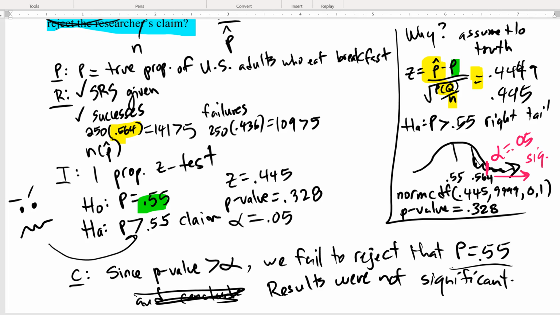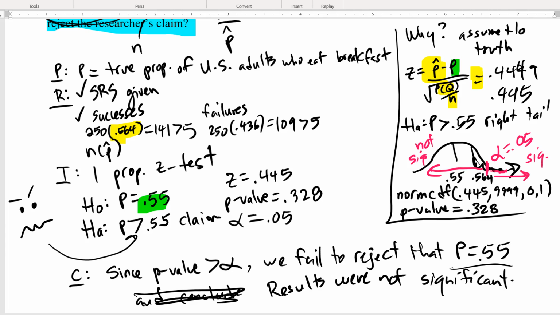We had too high of a probability. We're like, yeah, it could have just occurred by chance. Anything to the left of that we call not significant. And so that 0.05, 5% was much further to the right, okay? And we got a score that was not that far away. So it was not significantly far enough away, okay?